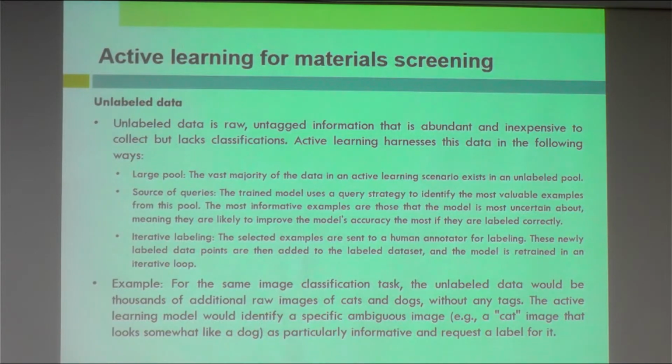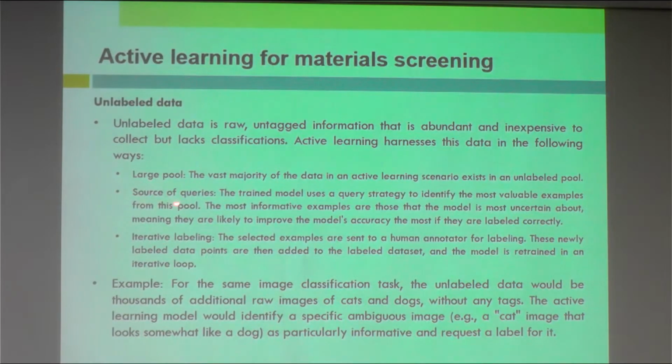So with this vast data, even though it's inexpensive data, having someone to label it might require some expertise. So the large pool: the vast majority of the data in an active learning scenario exists in an unlabeled pool. Unlabeled meaning you do not know whether it's a cat or a dog from the beginning, then you need to label it in order for the machine to understand.